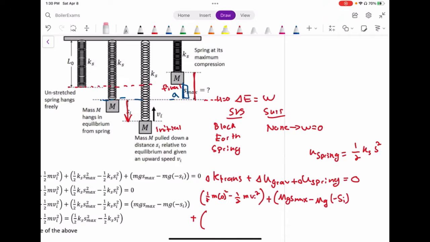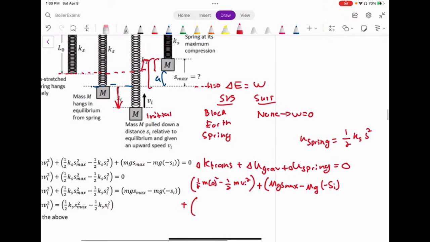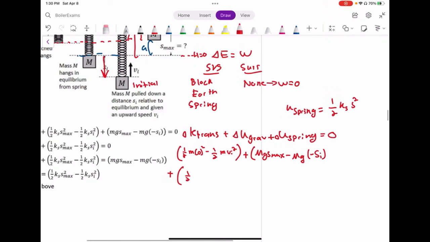So let me clean this up. This is getting messy. I called this A. We know the whole thing is S max. So if we wanted the stretch distance, which is just this length right there, we can do S max minus A. So let's put that in for our stretch: half Ks (S max minus A) squared.